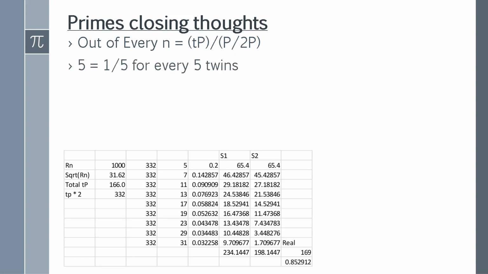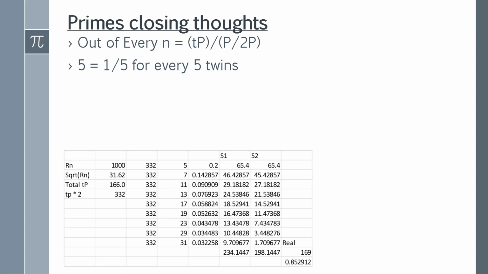So 1/5 of, if I look at 5, I have to look at 5 sets of twins, and in those 5 sets of twins, 1/5 of those prime numbers are going to be eliminated.